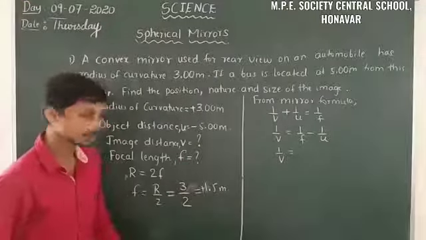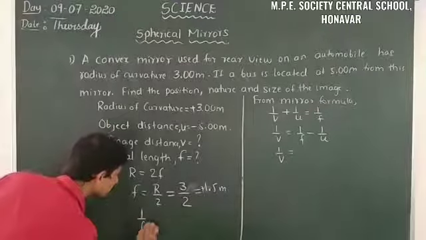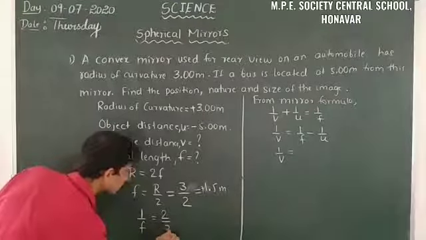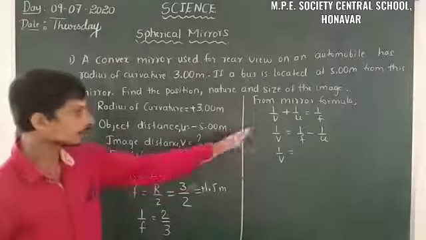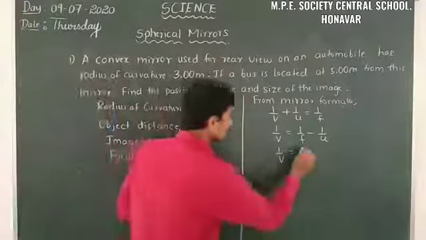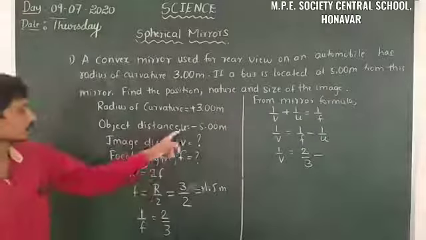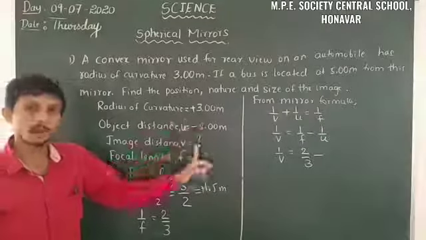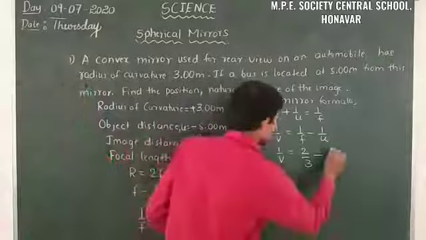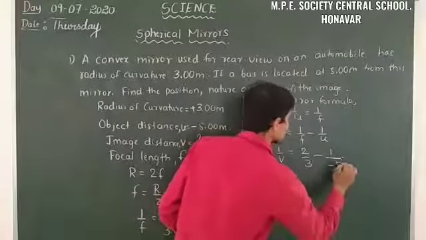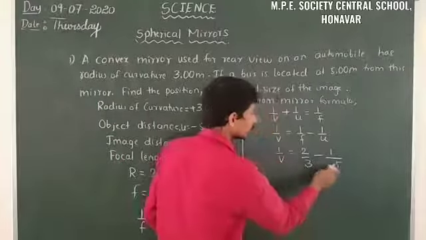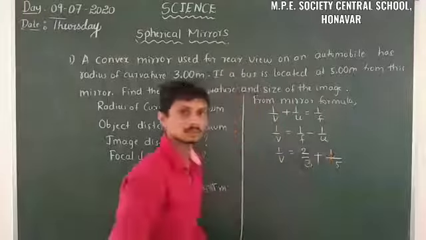F is equal to 3 by 2, so 1 by F is 2 by 3. So 1 by V is equal to 2 by 3 minus 1 by minus 5. Minus of minus becomes plus here.